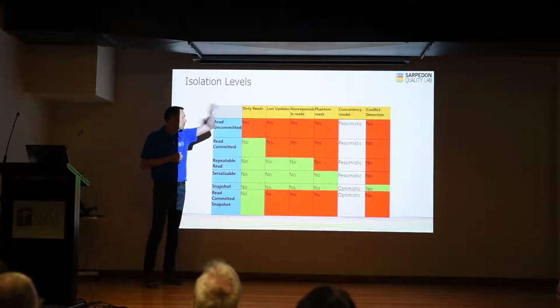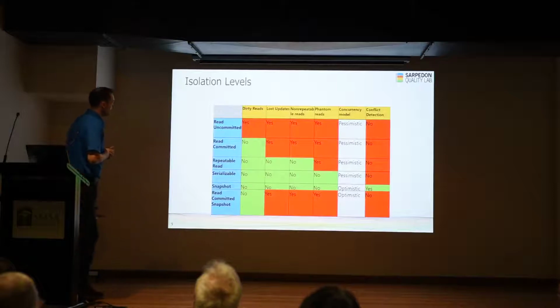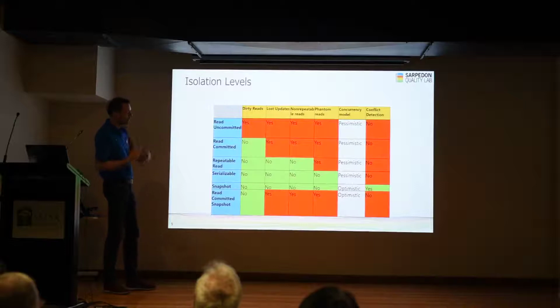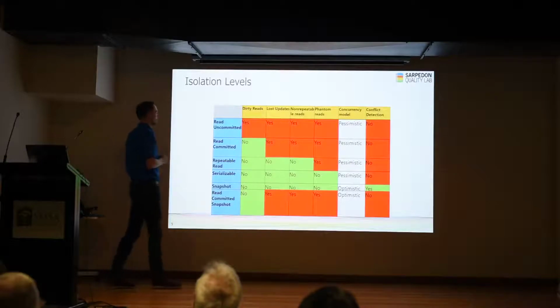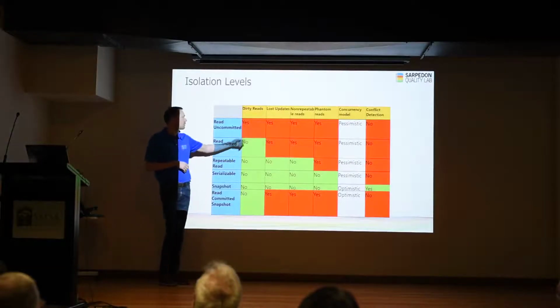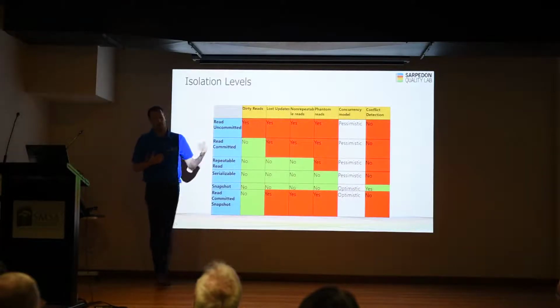Because those colors up here are the phenomena that can occur in a relational database system. They can occur, and we don't want them to occur, and that's where you have those different isolation levels. Under the isolation level read committed, it is allowed that lost updates can happen, but it's not allowed that dirty reads can happen, and so on.